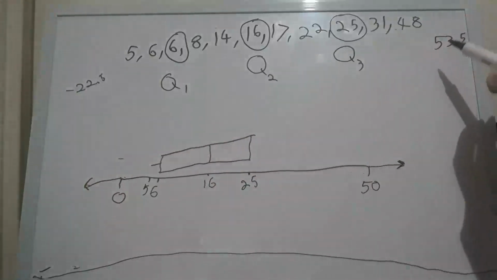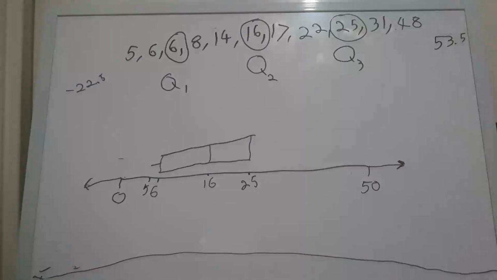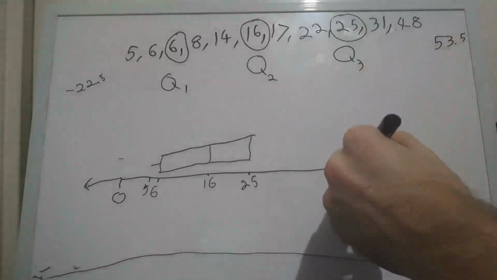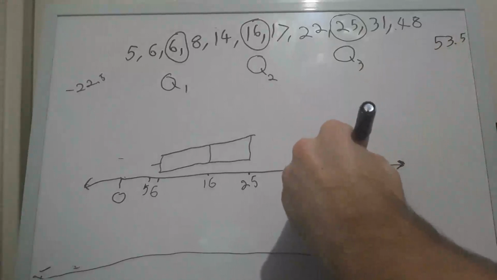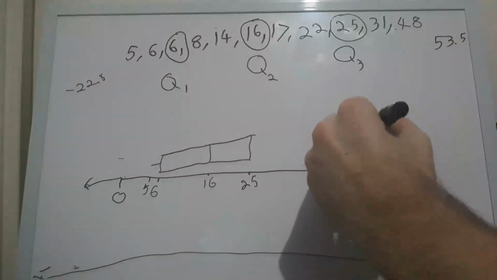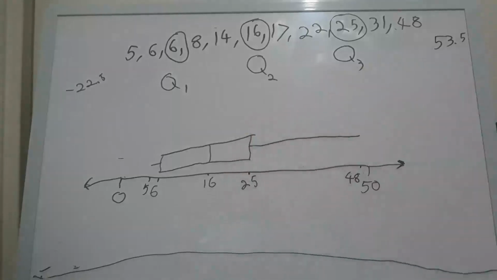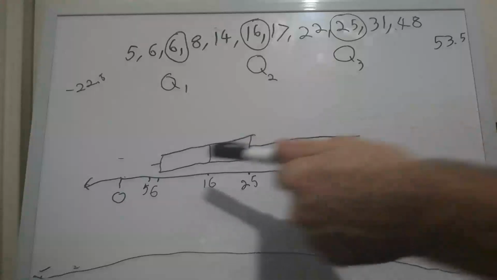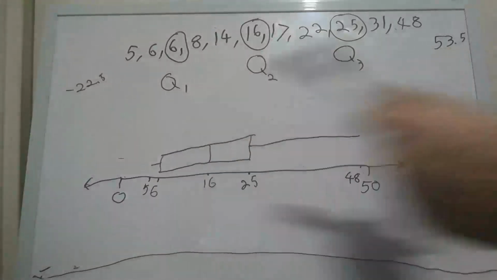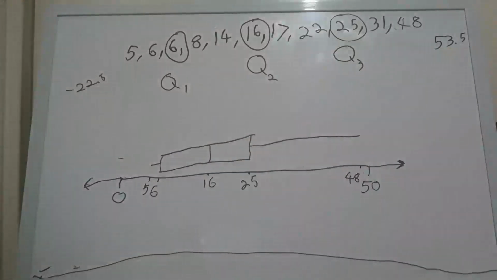What is your maximum value? Your maximum value in this data set is 48. So that would be somewhere around here. So, you would draw a whisker from your maximum value all the way to quartile 3. And this here would be your box plot of this data set.